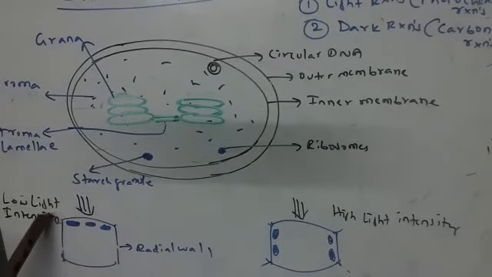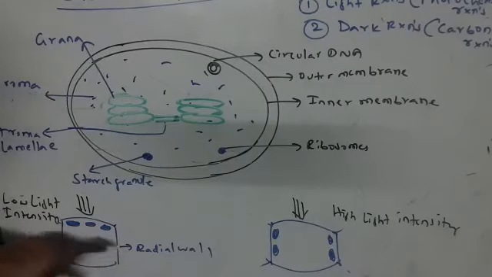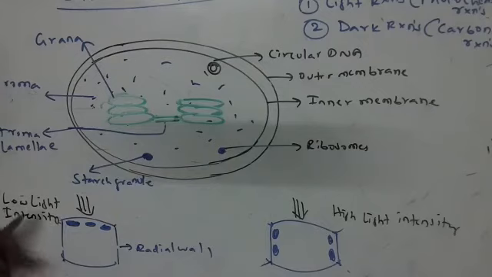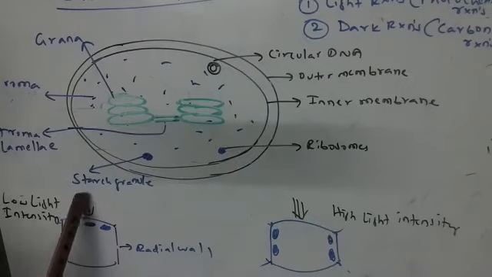Here, when there is low light intensity, the chloroplasts are arranged perpendicular to the radial wall, because they need light, as it is only low light. So the chloroplasts are arranged parallel to the transverse wall and perpendicular to the radial wall, so that they could get a proper amount of light for all the chloroplasts.